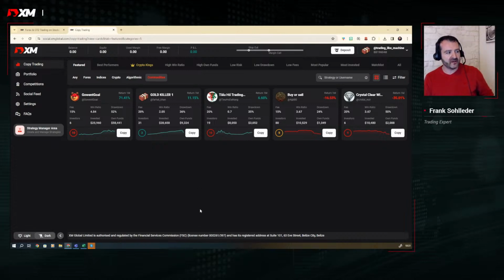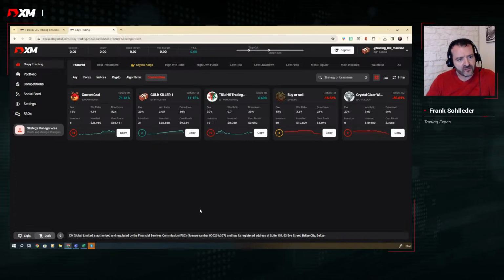Here we have trading strategies that are going on the commodities, but we don't have too much yet. And here is a gold killer strategy. I would be interested in this right now, but the fee of 20% is again out of my ballpark.